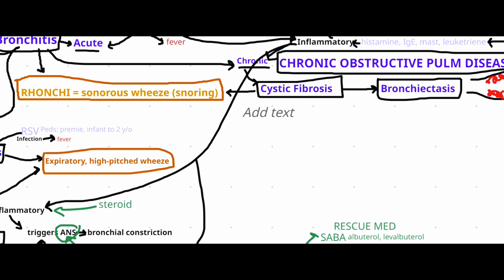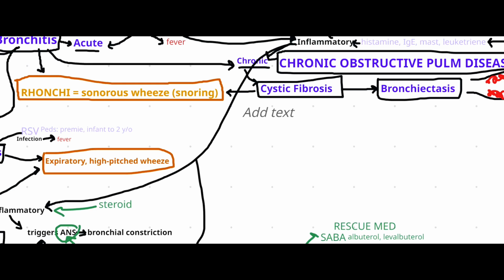How are we going to do this? We're going to give either increased fluids, PO, or we're going to do normal saline nebulizer, okay? So that the patient's mucus gets a little bit softer.